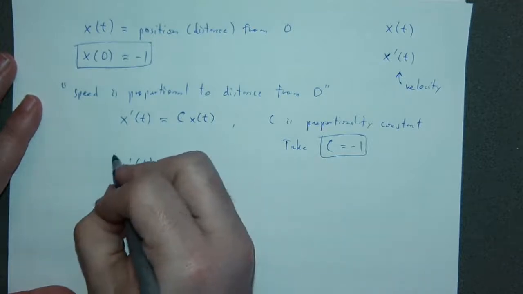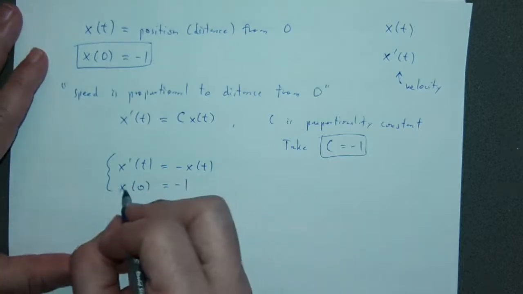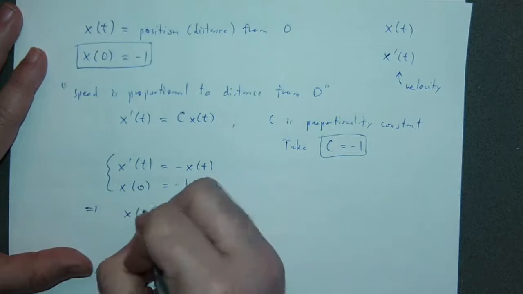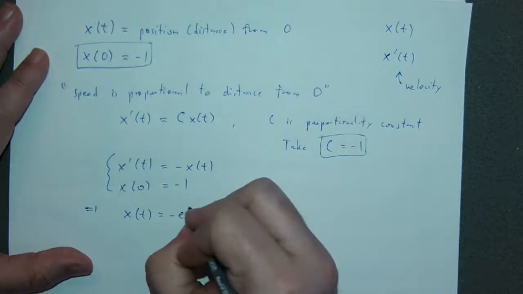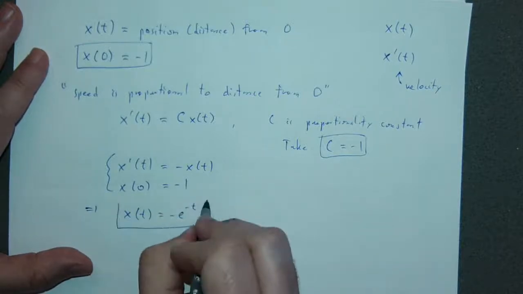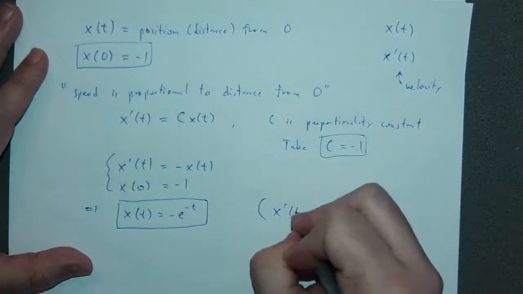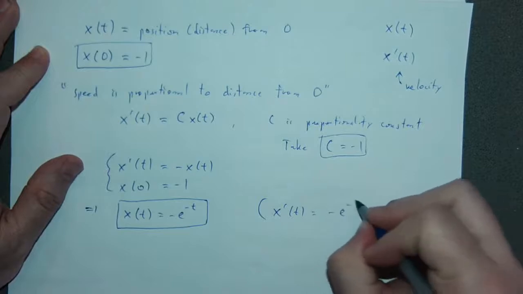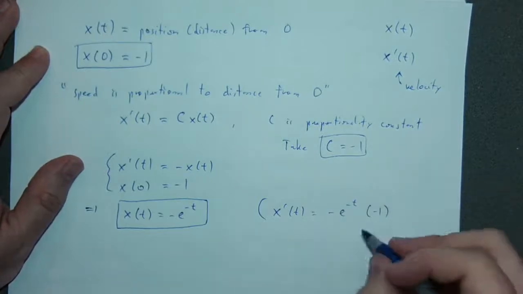Now, as I mentioned last time, this is technically an IVP, or an initial value problem. This has a solution that is x of t is minus e to the minus t. And you can check that it actually satisfies that. In fact, let's check real quick. X prime of t is minus e to the minus t times minus 1, that's the derivative of this thing.